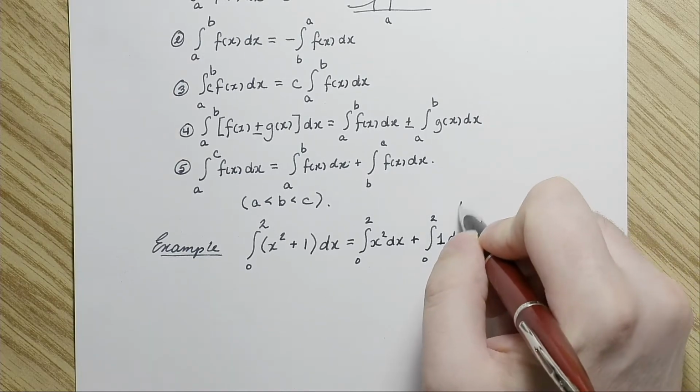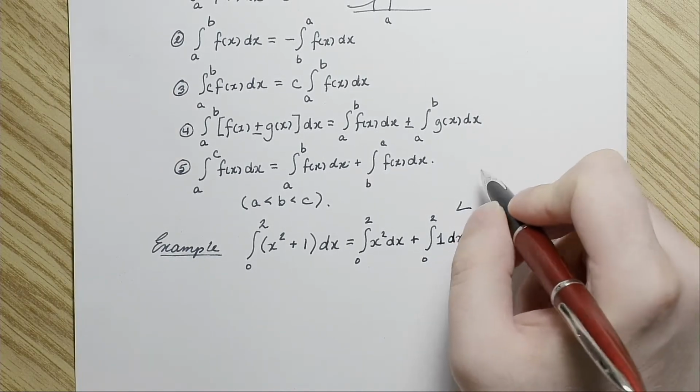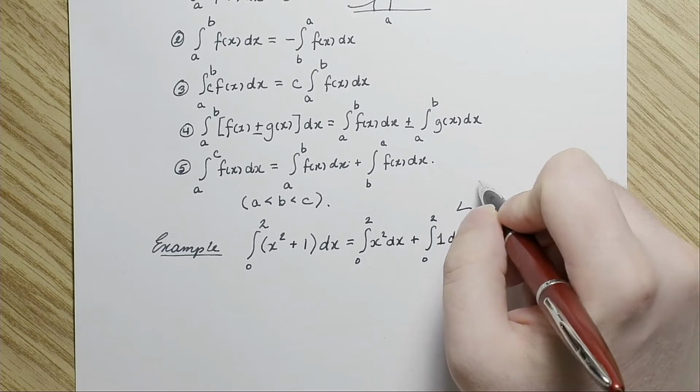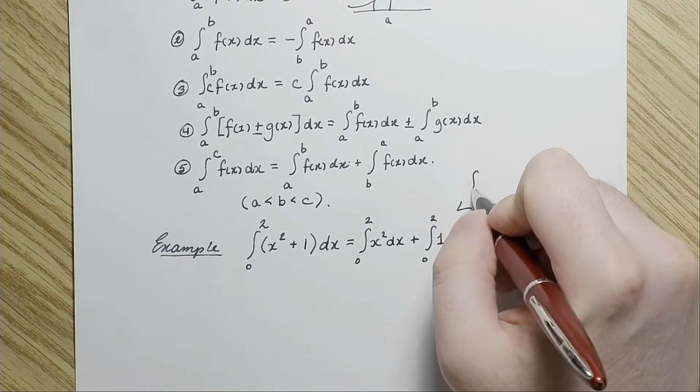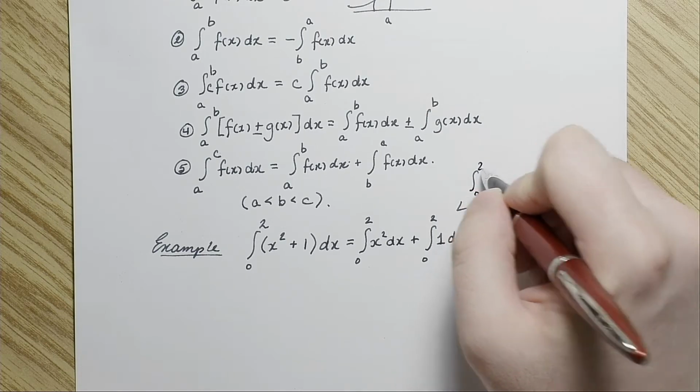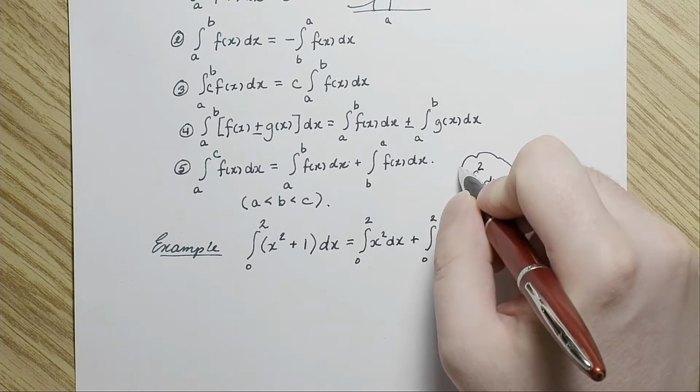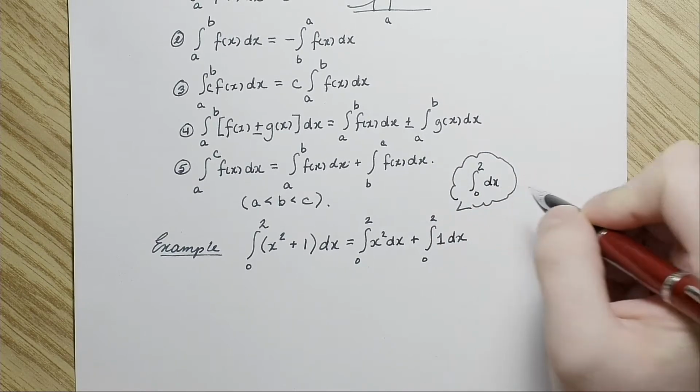If I was writing out solutions, I wouldn't even bother writing out the 1, because the 1 is always implicitly there. So you might have seen me write just the integral from 0 to 2 of dx.